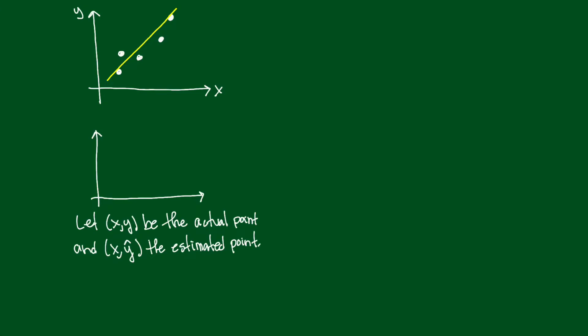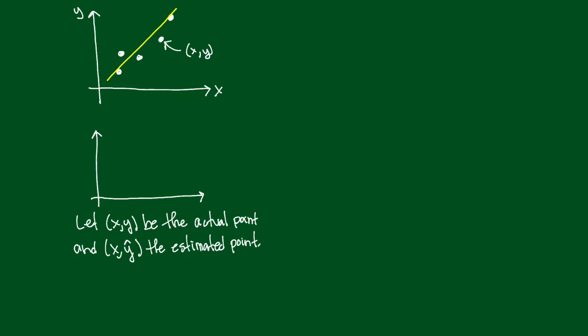So here's what we'll do. I'm going to draw a picture in a minute. Let (x, y) be the actual point, and (x, y hat) be the estimated point. Here's what I mean. If I come back up to the picture at the top and look at this point right here, that's the actual point, that would be the (x, y). However, if I put that line, my line of best fit, in, I'm not really going through that point.